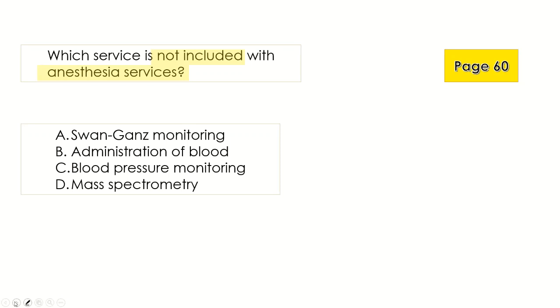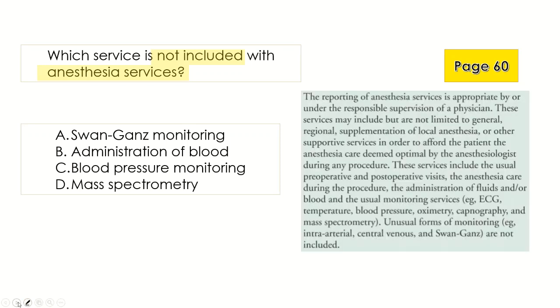Katina tells me it was page 58 if you haven't gotten your 2019 books yet. Right under the anesthesia guidelines header, left column, second paragraph, it tells us the reporting of anesthesia services is appropriate by and under the responsible supervision of a physician.